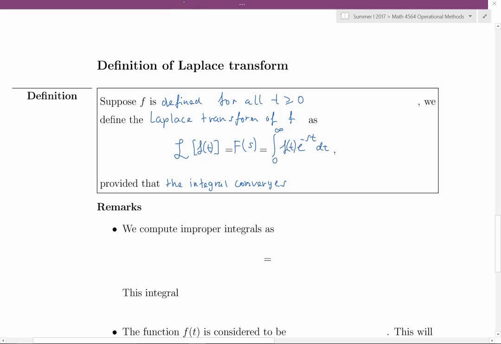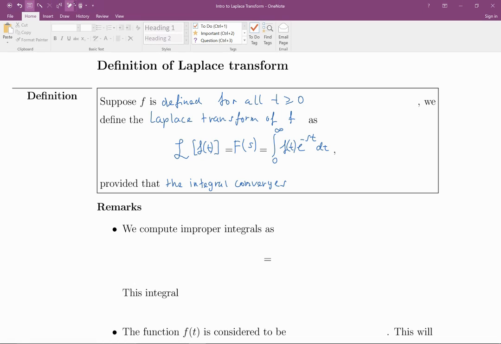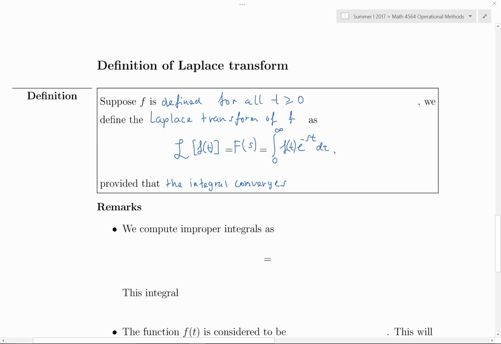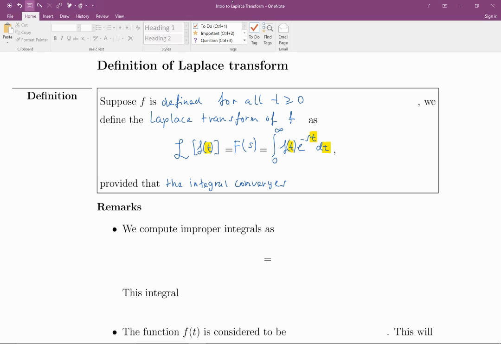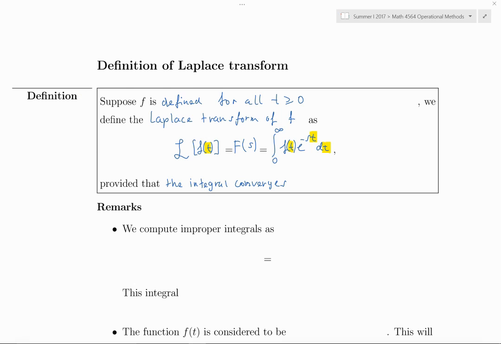So what happens here is that the function that was originally a function of t, after the integration, t disappears, and what's left is the parameter s right here. And the parameter s is a variable for the transformed function capital F of s.